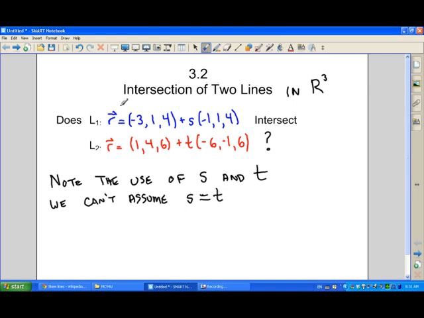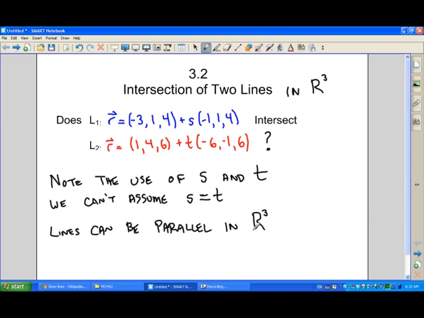So as we're trying to figure out if these lines intersect, we also need to remember that lines can be parallel in R3.